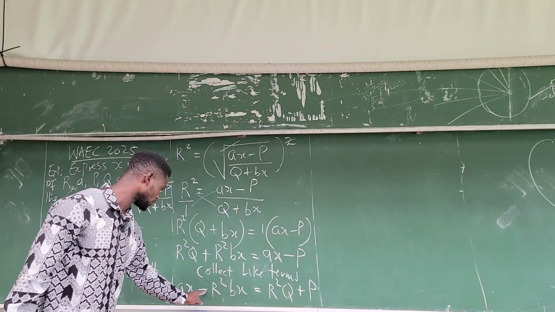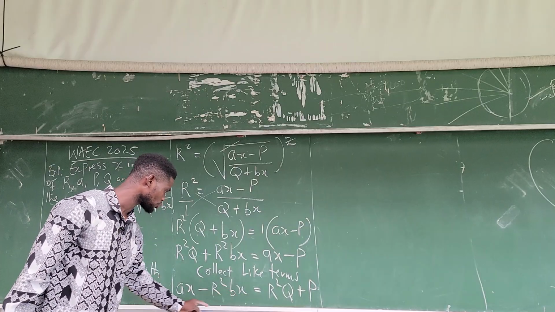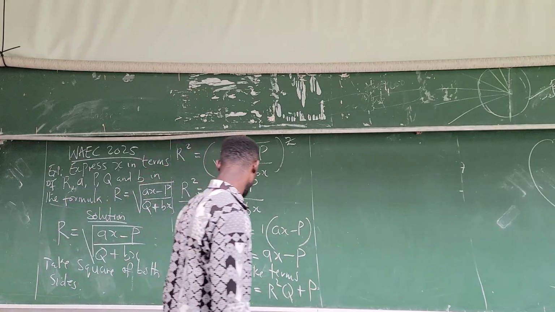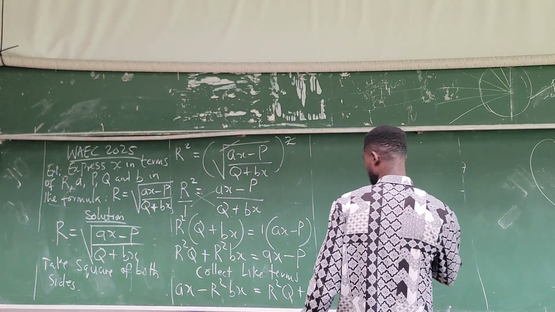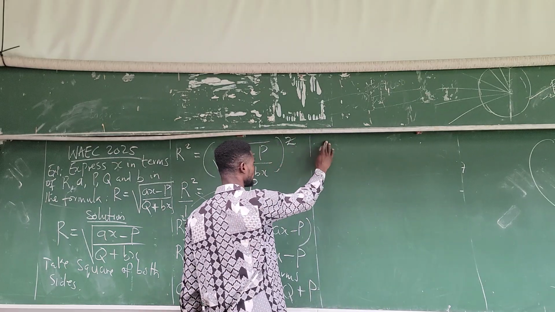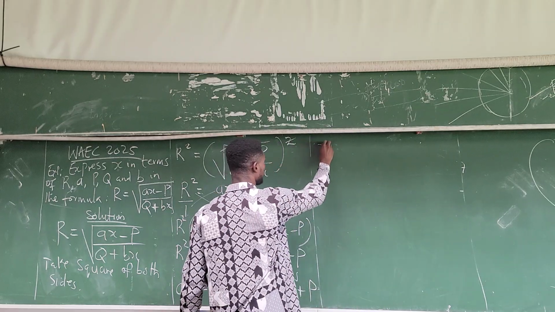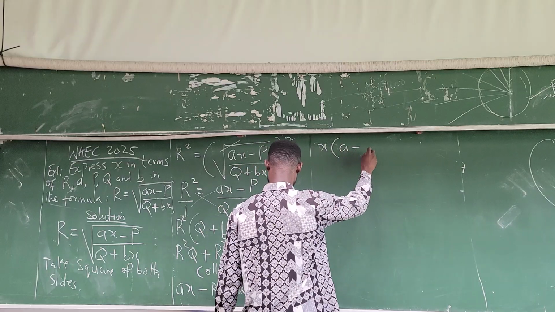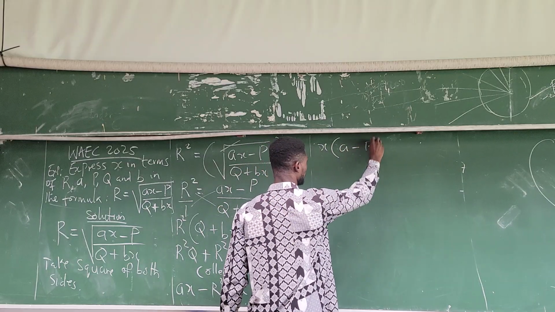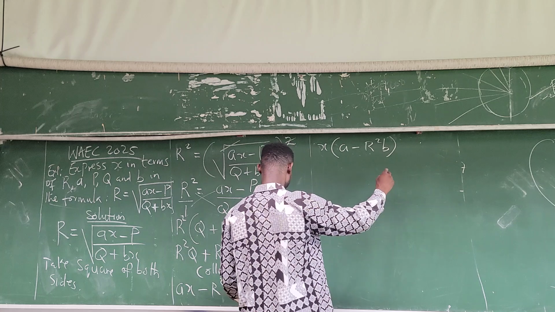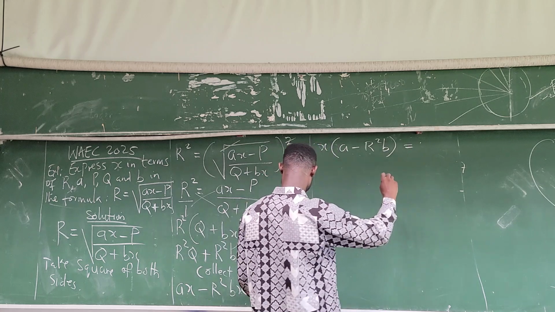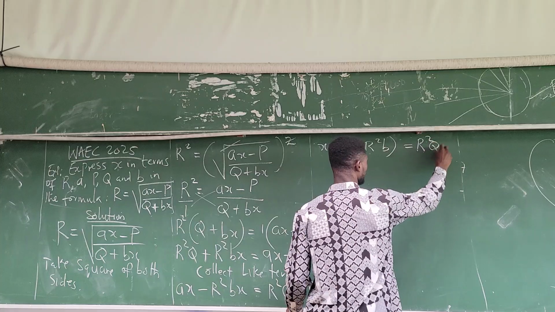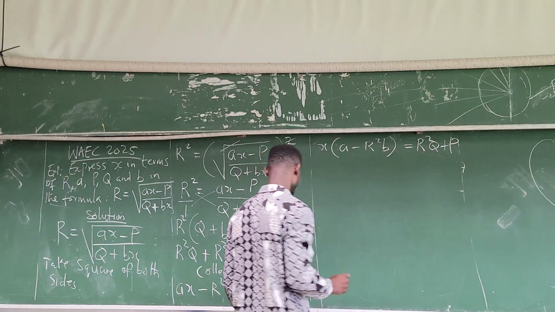We have AX minus R square BX, so the common factor is X. So we have X times A minus R square B, equal to R square Q plus P.